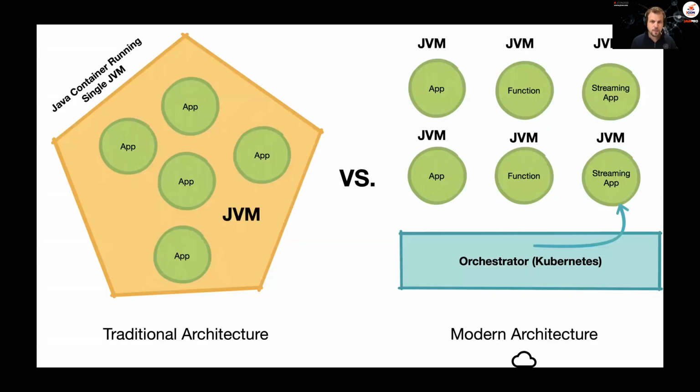So in terms of the background that led to Micronaut, if you look at traditional architecture, which is illustrated on the left-hand side here, versus modern architecture, in the traditional case, Java applications were built into WAR files or EAR files and deployed to a single Java virtual machine in the form of a Java container, whether that be Tomcat or a Java EE container or whatever.